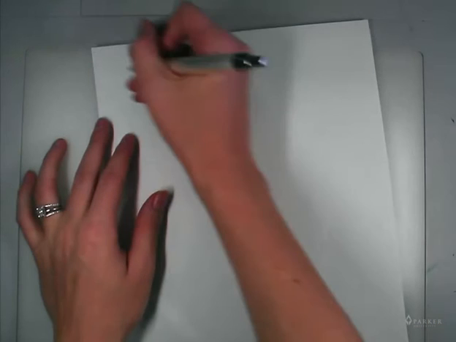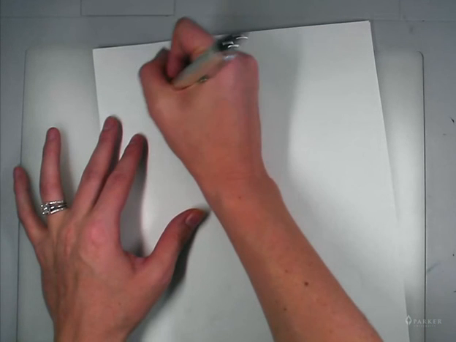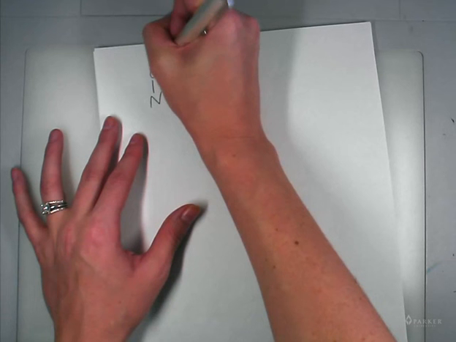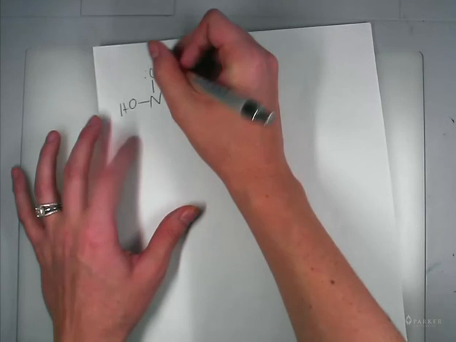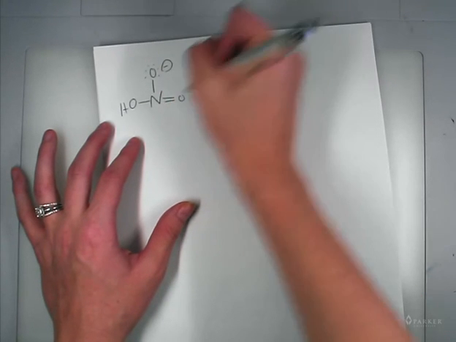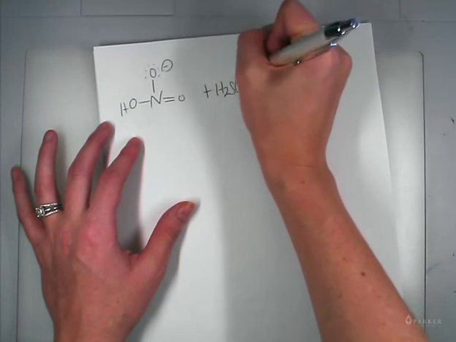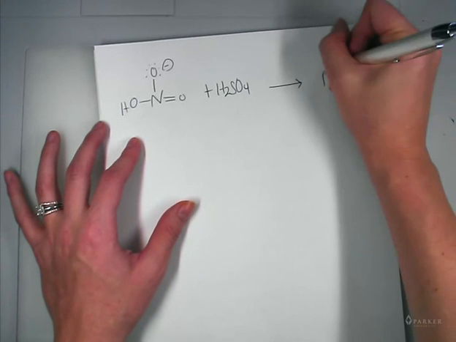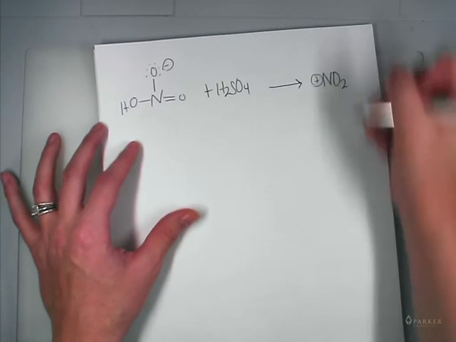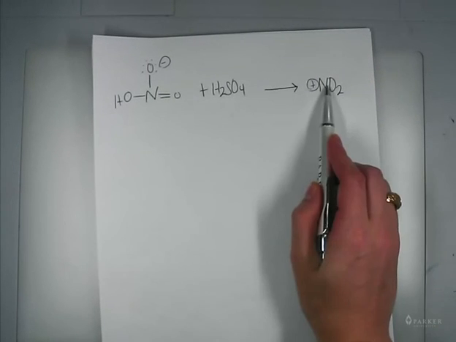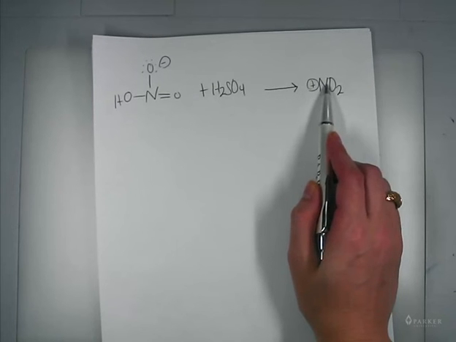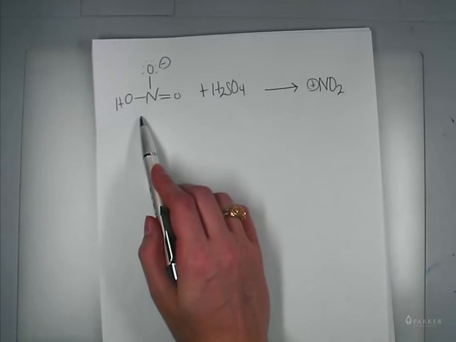So let's look at those. So with NO2, we're trying to make NO2 plus. That's our goal. So if we compare this to this, what do we need to get rid of? OH as water.